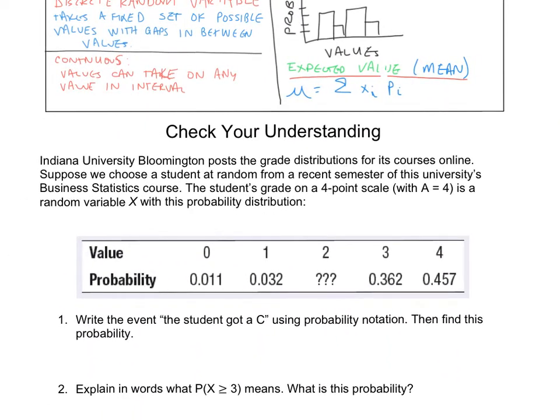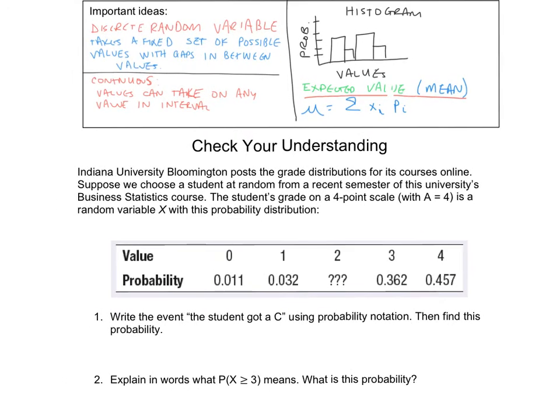Indiana University of Bloomington posts the grade distributions for its courses online. Suppose we choose a student at random from the recent semester of this university's business statistics course. The student's grade on a 4-point scale, with A as a 4, is a random variable X with this probability distribution. In your mind, you should be thinking, I know what a probability distribution is.